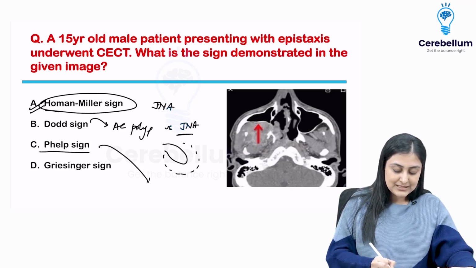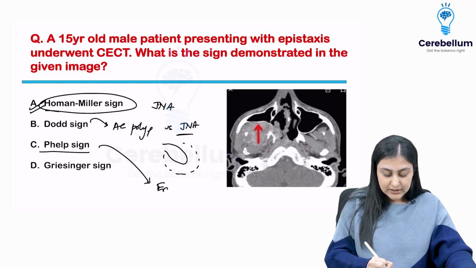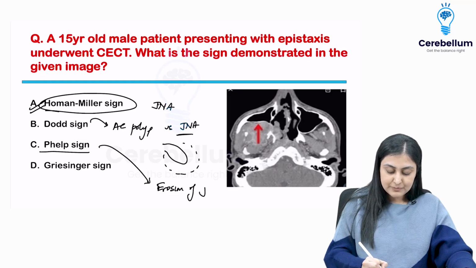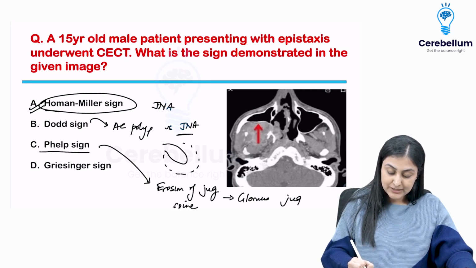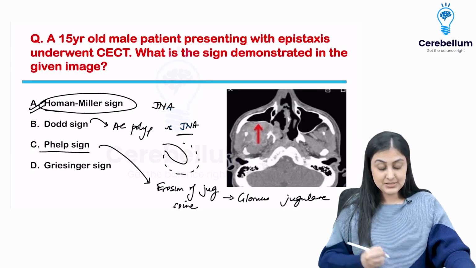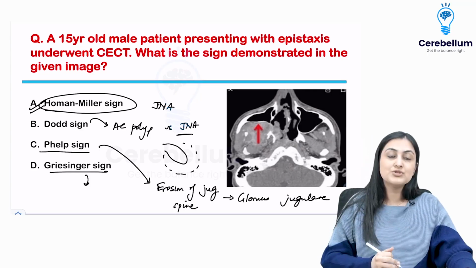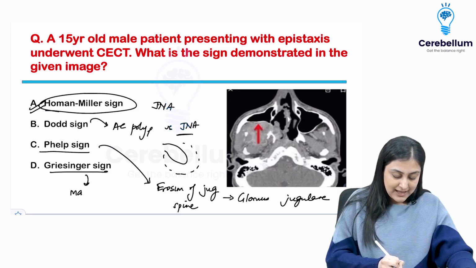The Phelps sign is again an ENT sign wherein you have the erosion of the jugular spine. So the jugular spine is eroded in glomus tumor. So in glomus jugulare, when you have the erosion, that is called as the Phelps sign. And Griesinger sign is where you have hemorrhage and bruising behind the ear at the mastoid.